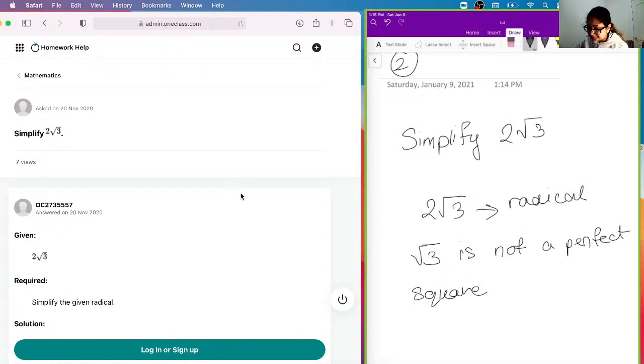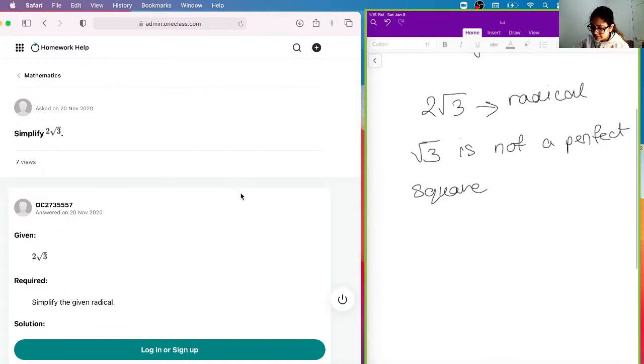However, we can still use a calculator and get the approximate value of the number. The only way to simplify this would be to use a calculator.